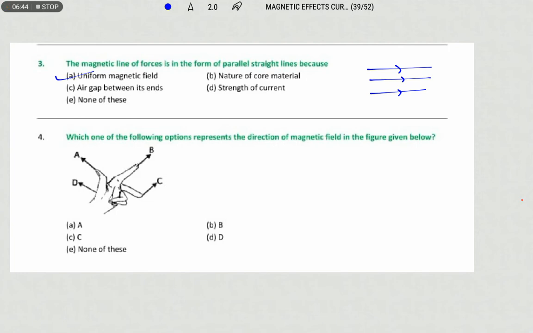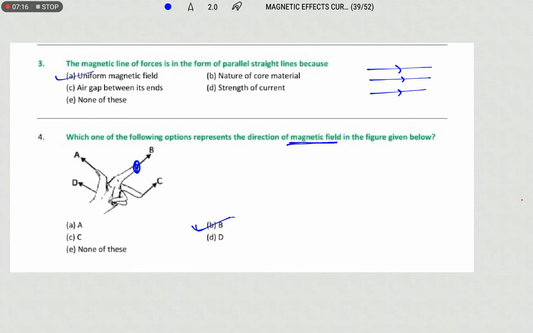Next, which one of the following options represents the direction of the magnetic field in the figure? It is Fleming's left hand rule. With the help of Fleming's left hand rule, they are asking the direction of the magnetic field. The magnetic field is given by the direction of the index finger or forefinger. So B gives the direction of the magnetic field.